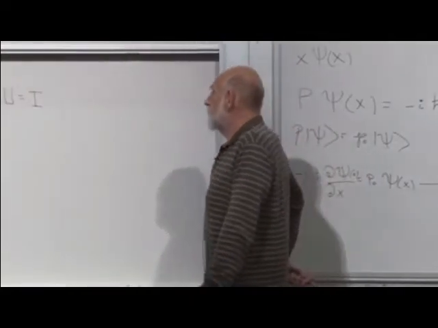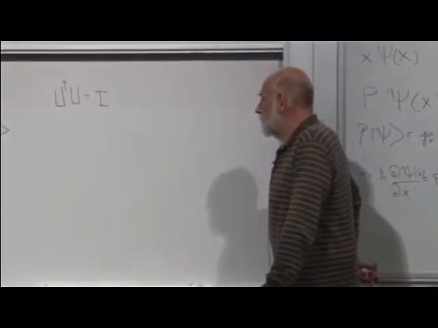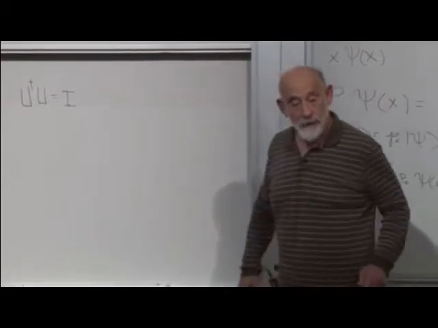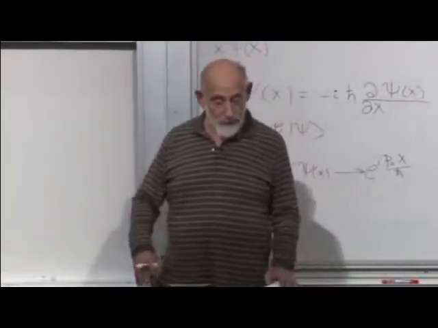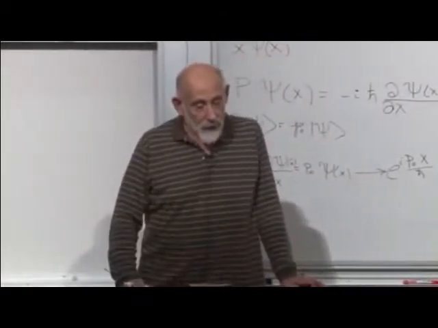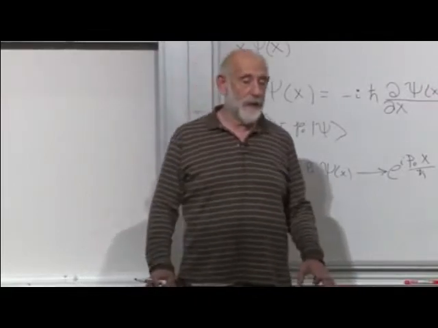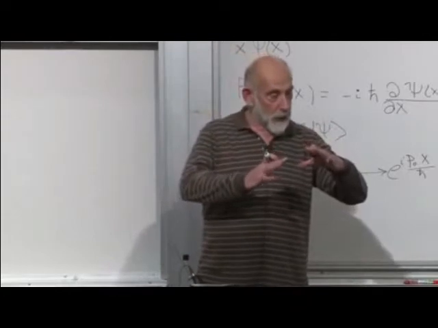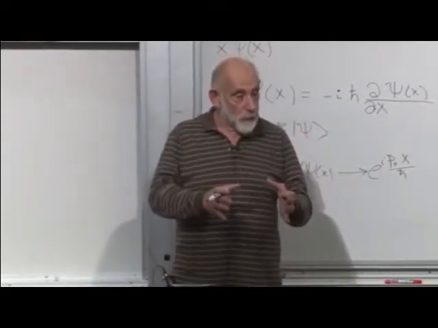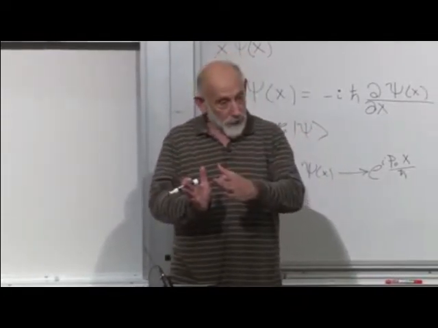Even if they're not orthogonal, the overlap is conserved. That's right, what you're saying is correct. But I would say it follows from if orthogonality is preserved with time, then it's possible to prove that inner products are preserved with time.